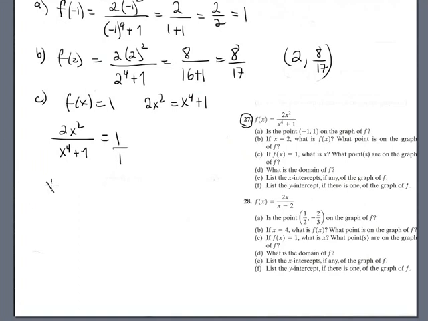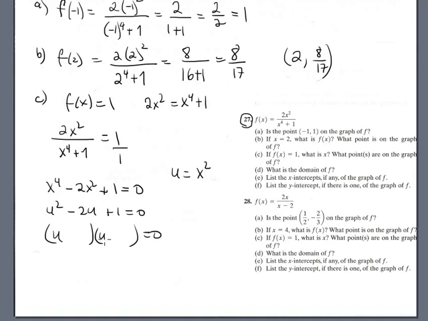This is x to the 4th power minus 2x squared plus 1 equal to 0. This is a quadratic form equation. You define u as x to the 2nd power, so u squared minus 2u plus 1 is equal to 0. Wow, it's easy by factoring. It's (u minus 1) squared equal to 0.